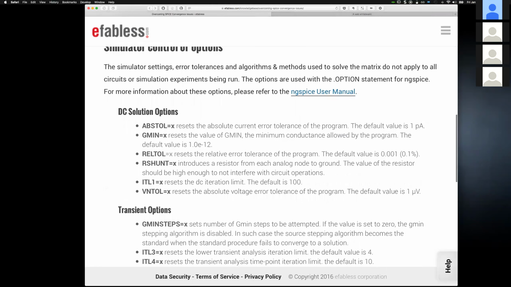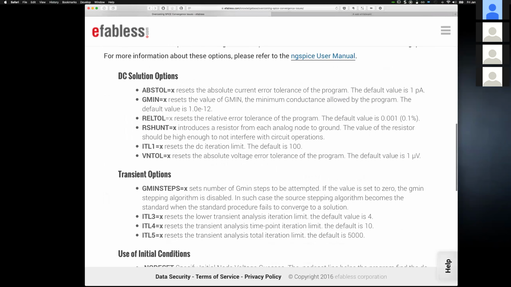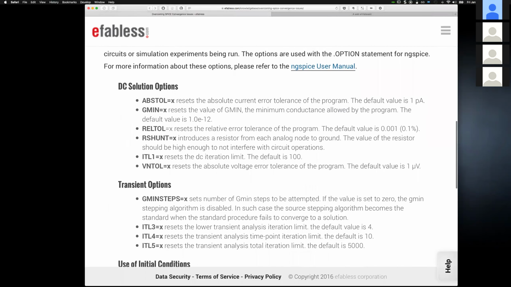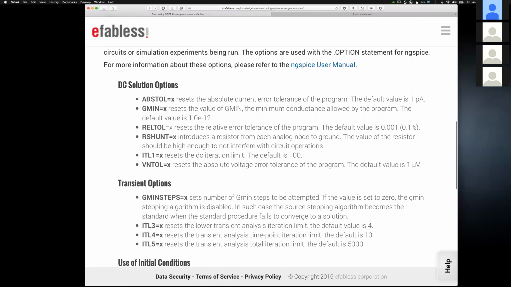I'm going to step into the simulator options, and obviously I'm including the manual here, and the manual has a comprehensive set of options in different ways to treat the equations. Most of the time these knobs have to be understood to the level where you understand the impact on the circuit performance or the results. You're solving a mathematical problem with a certain accuracy.